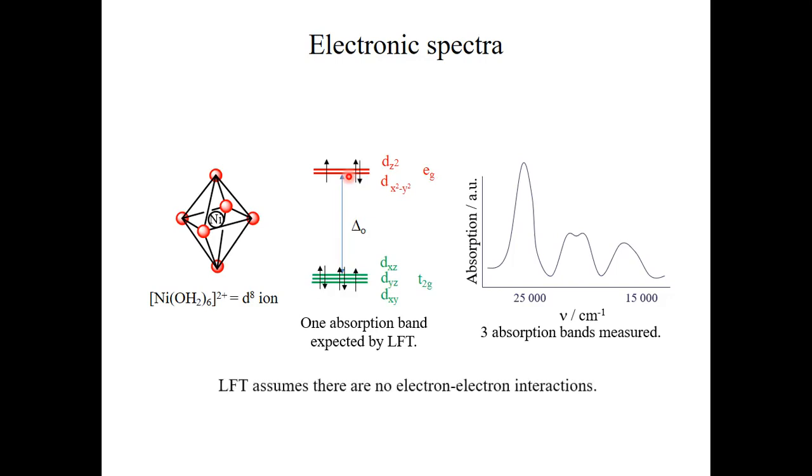The answer is that ligand field theory does not assume any electron-electron interactions. All orbitals that are being constructed are one-electron functions, and they neglect the electrostatic interactions between the electrons in the orbitals.